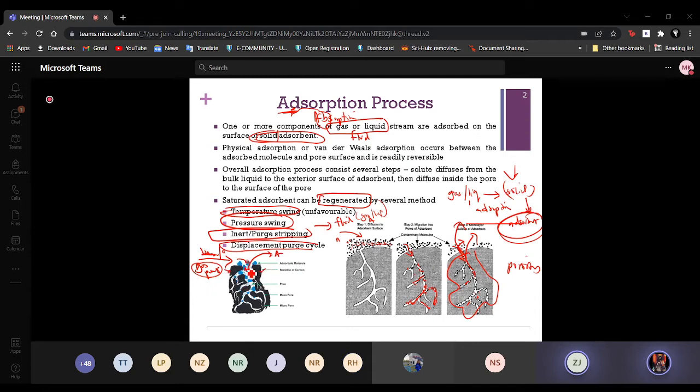So let's say you have component A here, and in the gas you have component B. This component B, the adsorptivity is higher than A. So what happens? B will replace A, so A will go out, and B will be retained in the pore. But finally you need to remove the B also. So that's why the displacement purge cycle is not favorable, because you have to apply another step to remove the B. Can you understand?